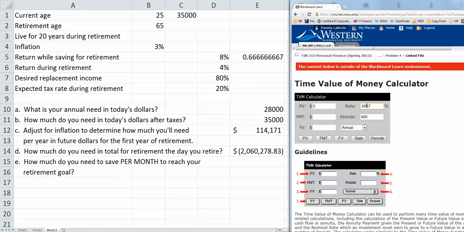So I've entered a monthly rate and a monthly time period. Because I've adjusted the rate and the time period myself, I can leave this set at annual. And my future value is that 2,060,279 that I'm attempting to accomplish. So basically I'm going to make some payments every month for 480 months.